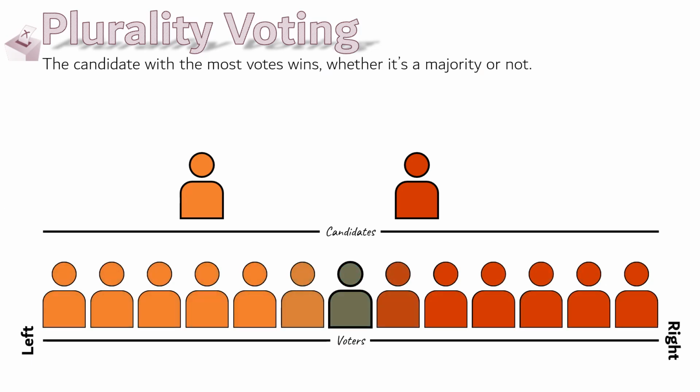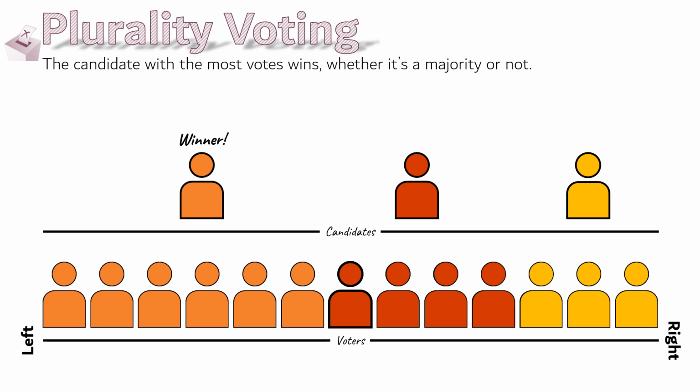When we were looking at Condorcet winners, we saw the flaw in our voting system. Most elections in the US are pluralistic, meaning that whoever gets the most votes wins. Here, the candidate from the red party wins more votes than the candidate from the orange party, so they are the winner. But if we add a third candidate, suddenly the candidate from the orange party wins.